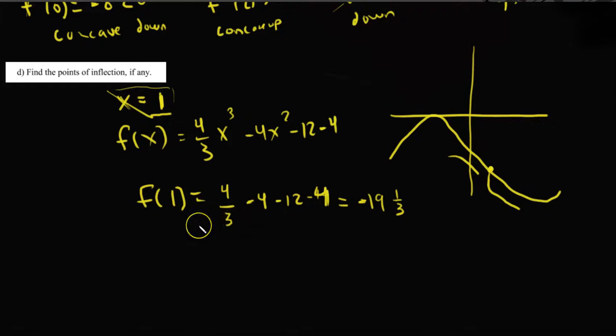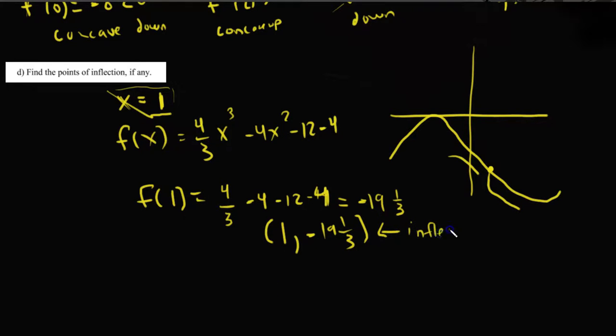Alright, so now that we have all this information, we found the intervals of increasing, where it changes concavity, the max and min, we can actually plot this, and that's exactly what we're going to do in the last part of the problem. So let's just note that this point that we just found was 1 comma negative 19 and a third. Let's rewrite all the known data that we have.